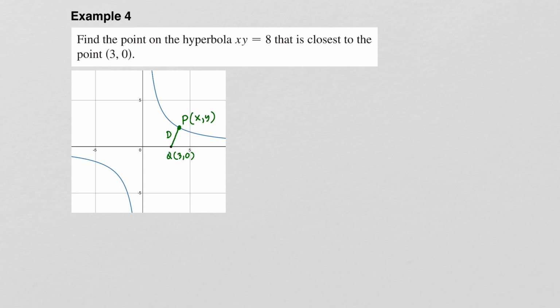Okay, so closest means minimum distance. So again, it's very important that you realize what it is that you are trying to either minimize or maximize in these problems. So if we want to find the minimum distance, we need to know what does the distance between these 2 points equal.